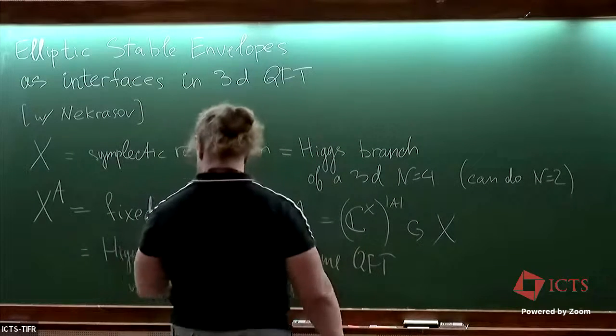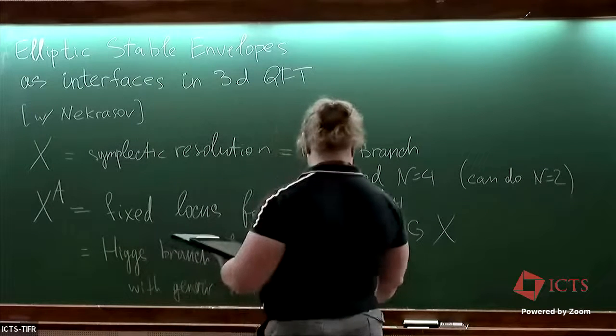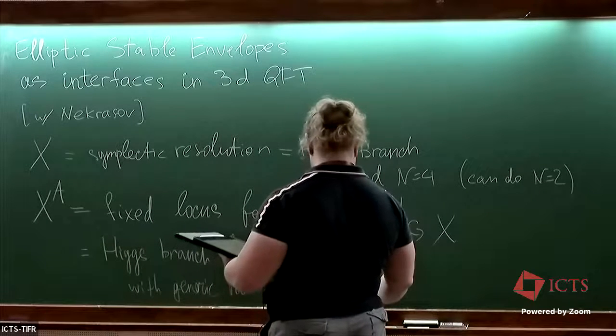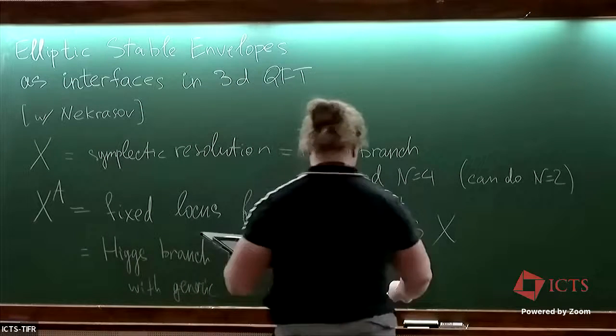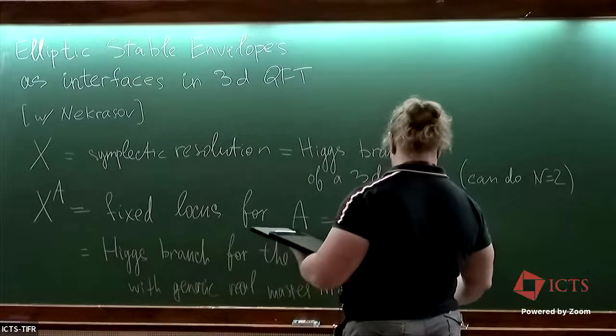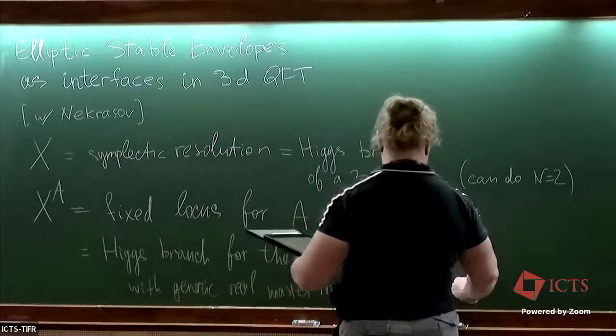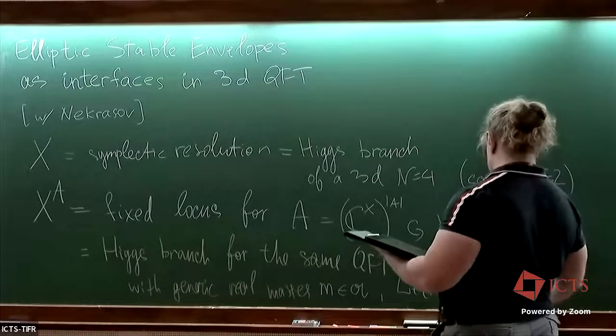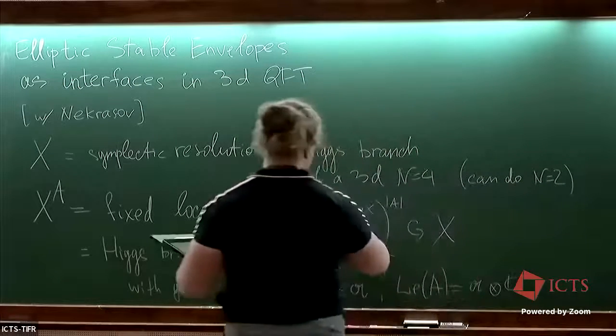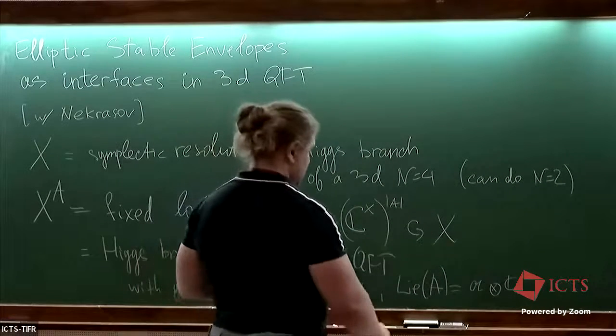So M, which are valued in some Lie algebra little a, where it's just the real Lie algebra underlying this torus that acts on X.